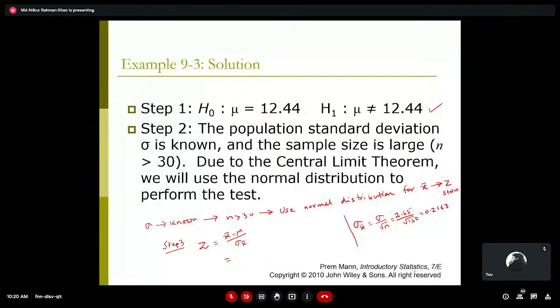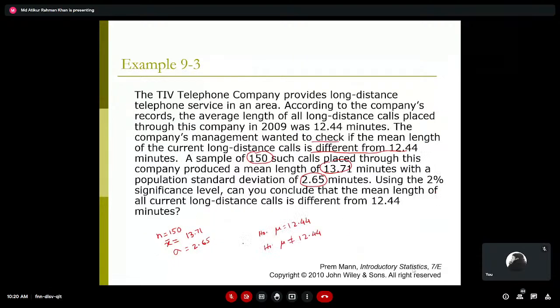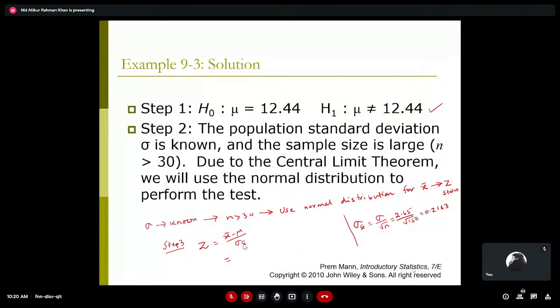X bar, we got 13.71, minus mu from the null hypothesis, that is 12.44, divided by sigma x bar, that is 0.2163.